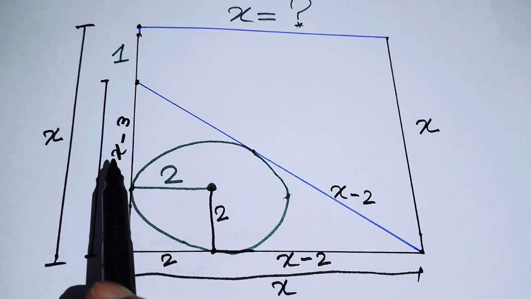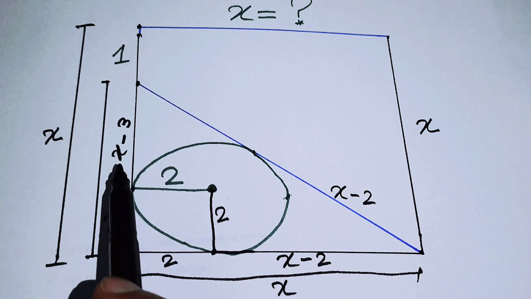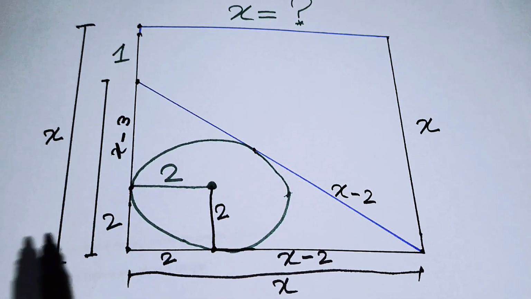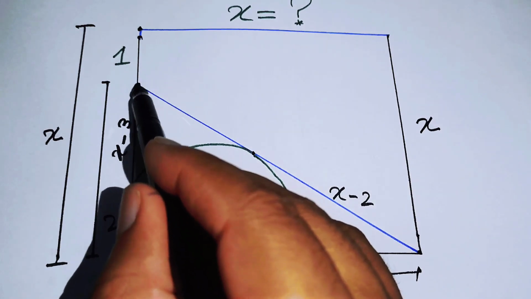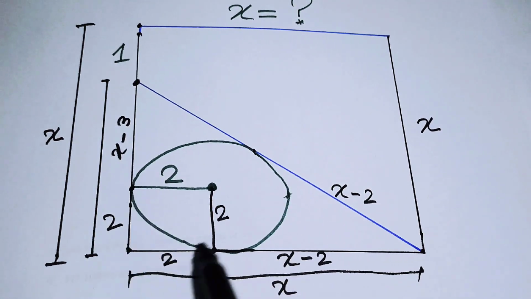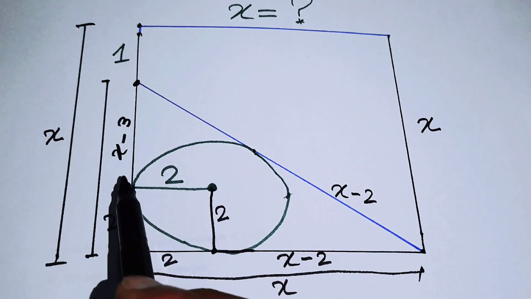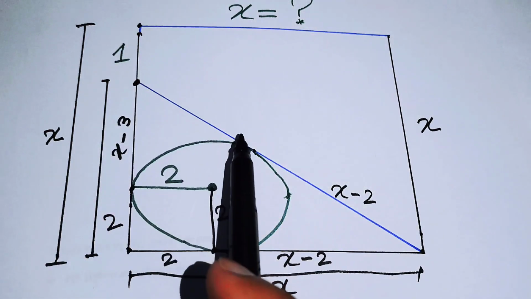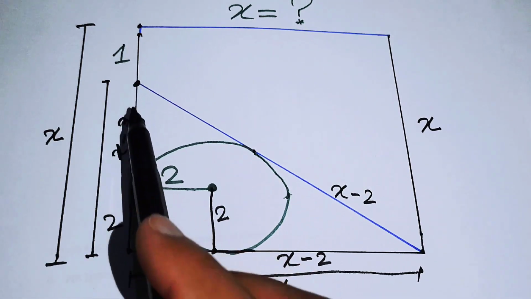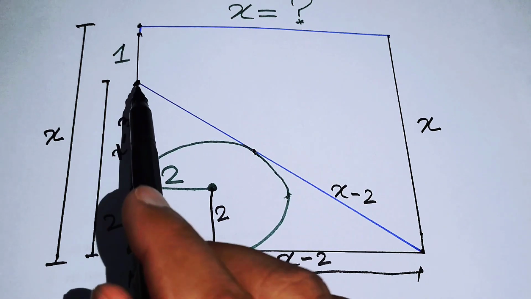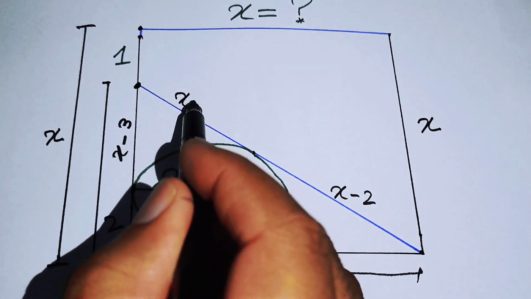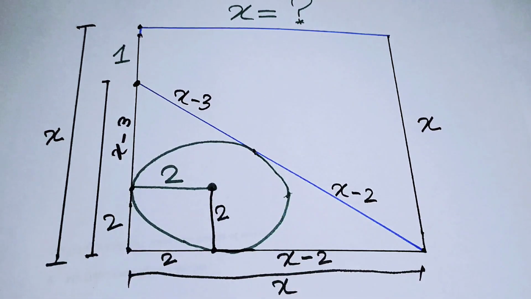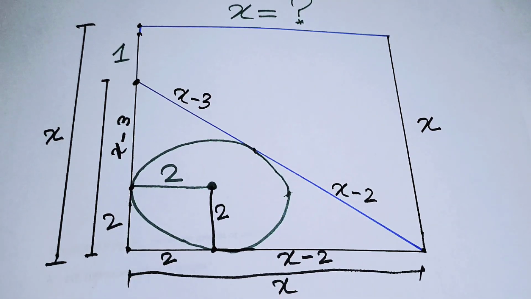So the length of this part is x minus 3. And here again we have two tangents on this circle. One tangent is x minus 3 and the other tangent is this line, so the value of this line segment is also x minus 3 according to the law of tangents.